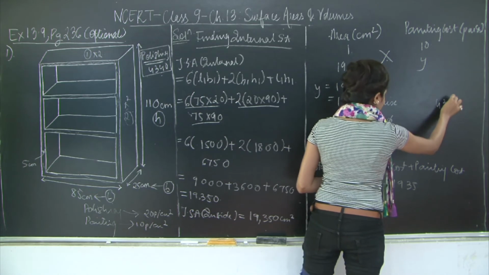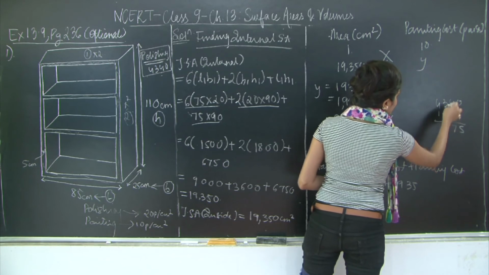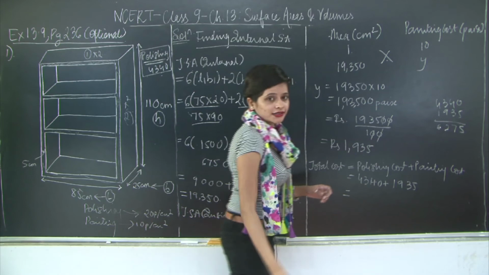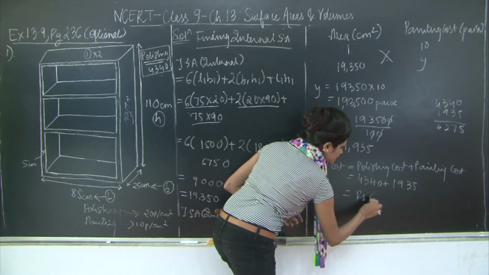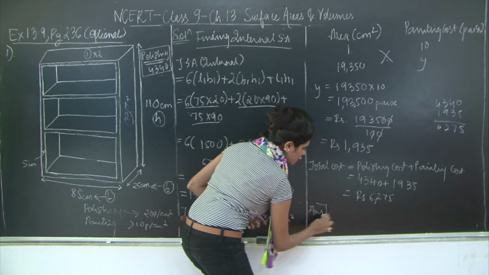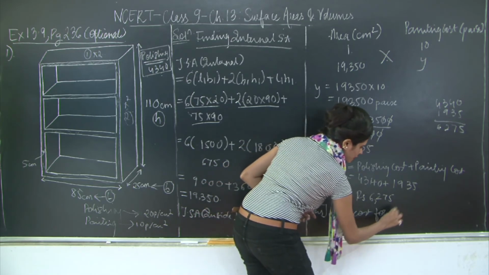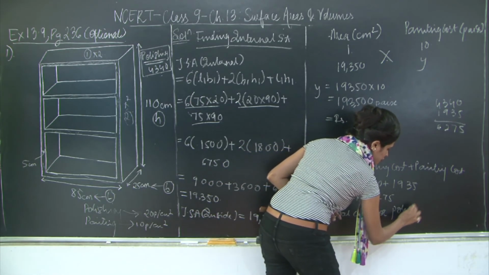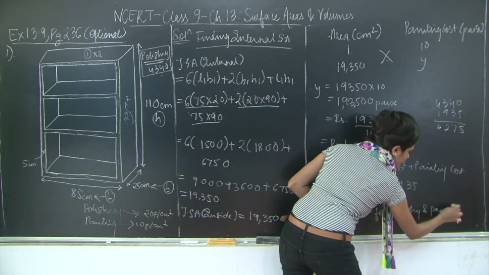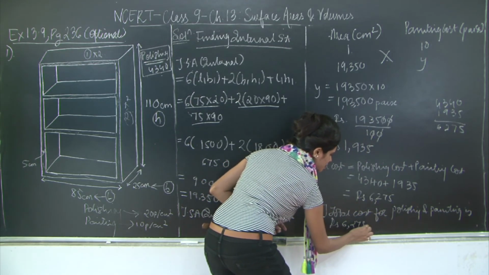You get 4340 plus 1935, which is 6275 rupees. So you'll write your answer. Total cost for polishing and painting is rupees 6,275 only.